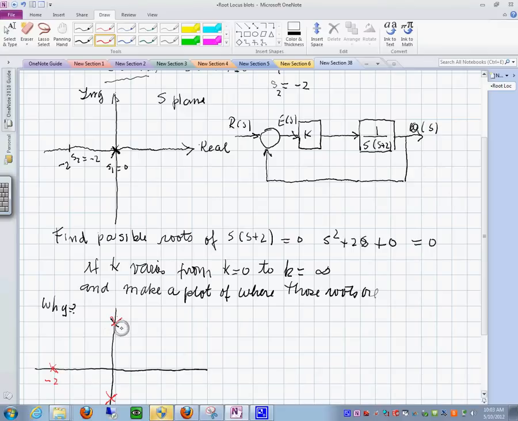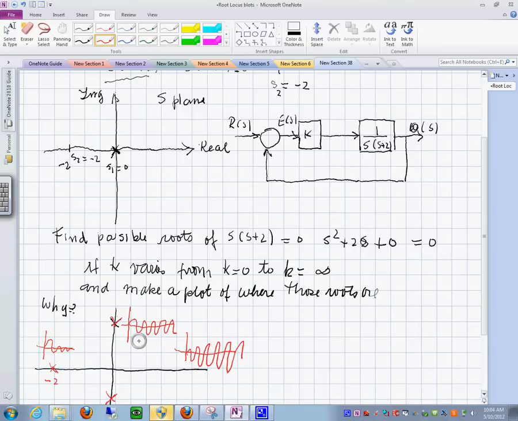When the roots are over here, the response of the system is just like this, it oscillates forever. When it's over here, the response might do this. But when it's on this other side, the opposite happens. The system would do this, see? And it'll blow up.